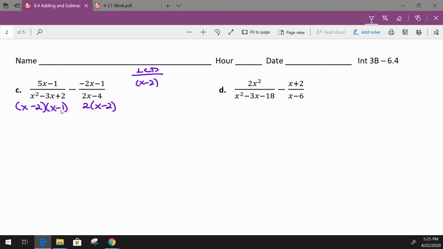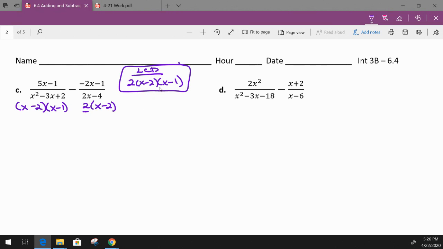I also have to have a factor of x minus 1. But I also have to have a factor of 2. And since that's a monomial, I'm going to put it out front. So the x minus 2 and x minus 1 are in the first fraction, and the 2 and the x minus 2 we have also present in our least common denominator from our second fraction. So this is your least common denominator.